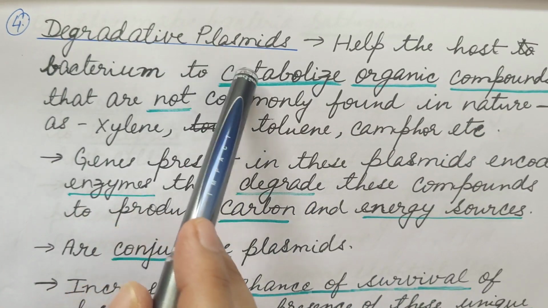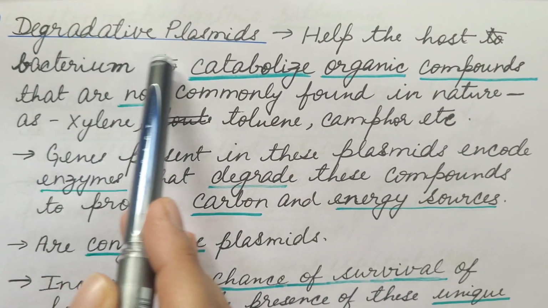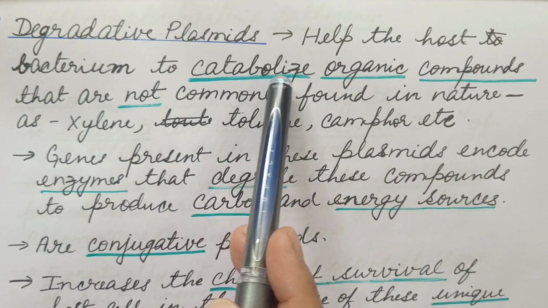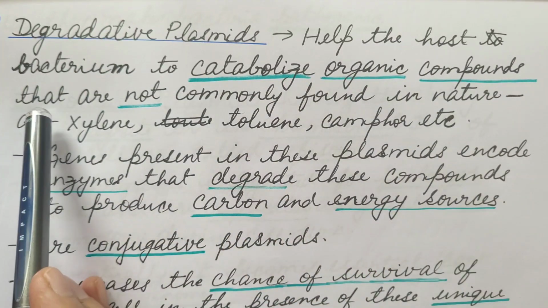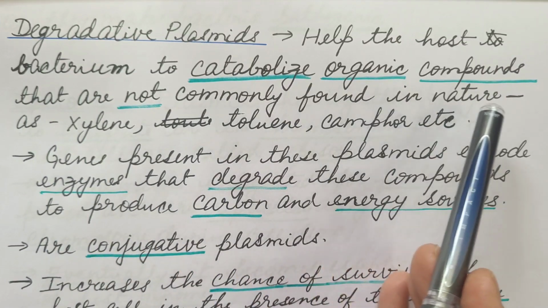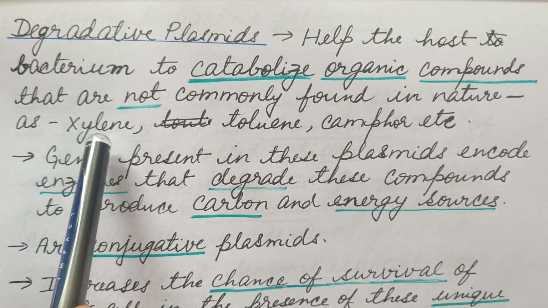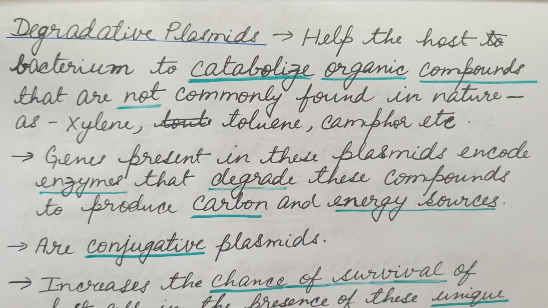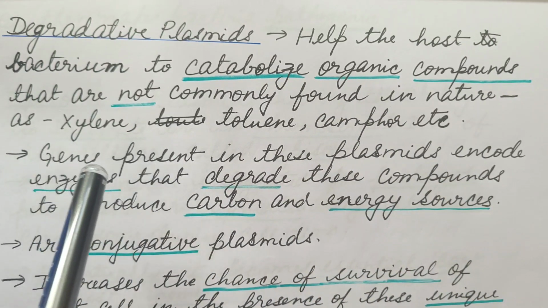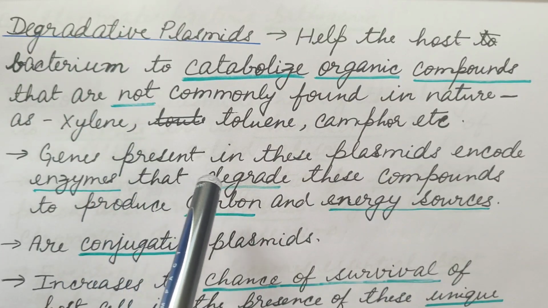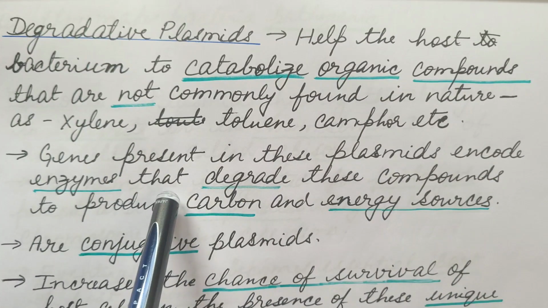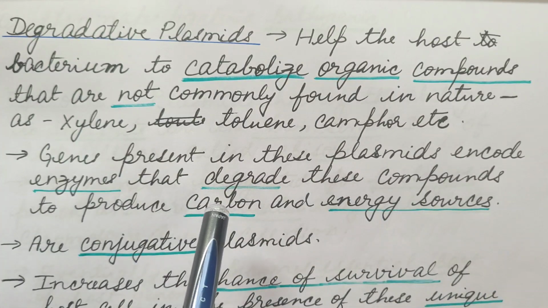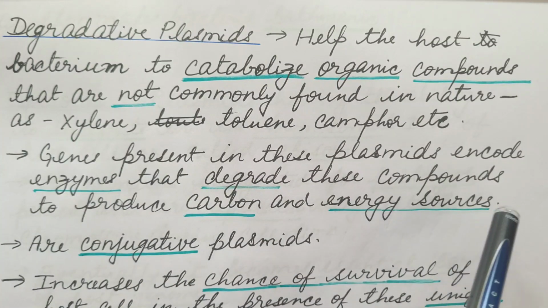Fourth is degradative plasmids. Degradative plasmids help the host bacterium to catabolize organic compounds that are not commonly found in nature, such as xylene, toluene, camphor, etc. There are certain genes present in these plasmids that encode enzymes which degrade these compounds to produce carbon and energy sources.